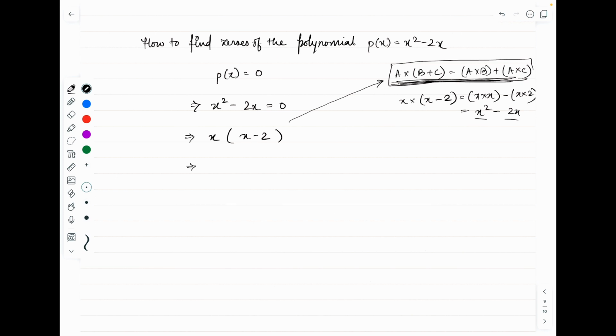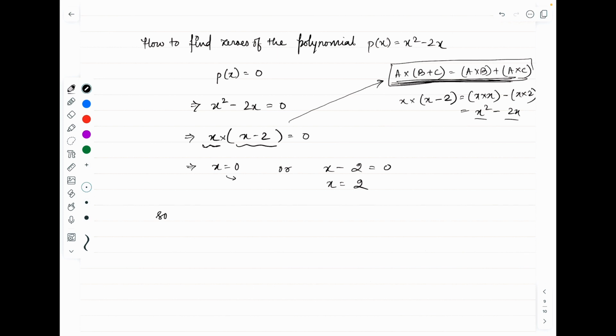So x into x minus 2 equals to 0. Because these are in multiplication, either this x will be 0 or x minus 2 will be 0, and then the whole equation will become 0. So either x equals to 0 or x minus 2 equals to 0, which means x is 2.